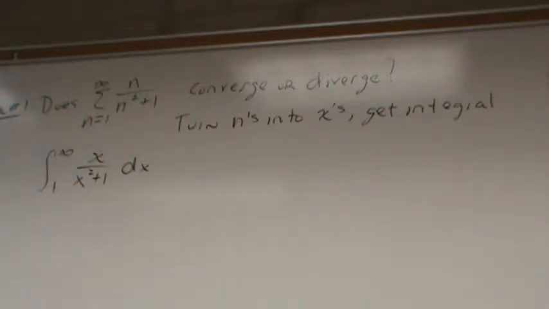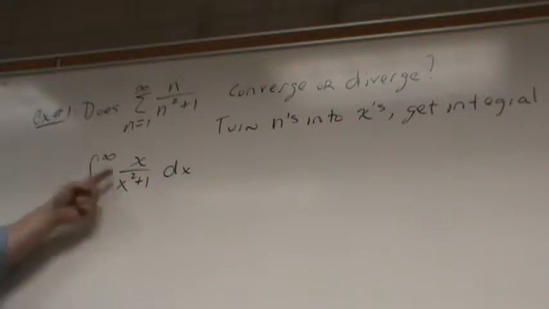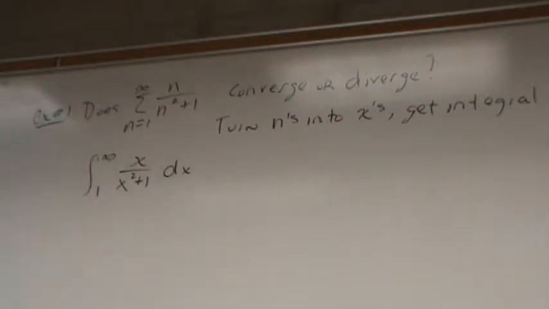Instead of adding terms, I'll see what that integral does, and whatever the integral does, that's what the series does. If I get infinity for the integral, the series diverges. But if I get a particular number, the series must converge.